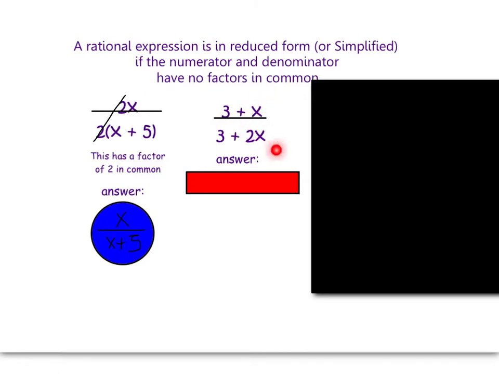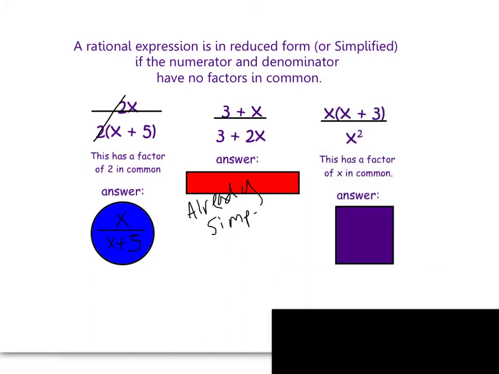Similarly, you cannot cancel these x's for the same reason. The 3 does not have an x, and this 3 does not have an x. You can only take out things that are factors, which means everything has it in common. So, this is already simplified. Alright, last one.